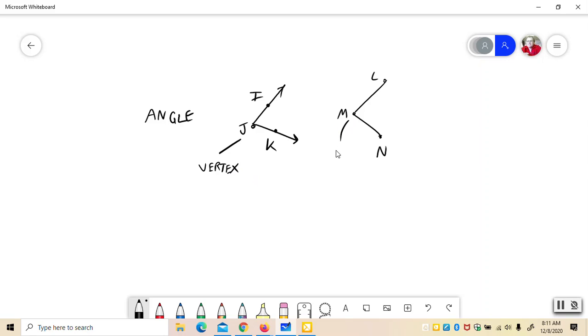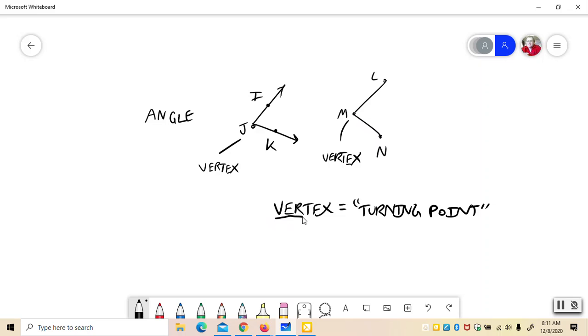Vertex is a fancy Latin word. Literally, vertex means turning point. Because here is this line segment just going along, da da da da da, then it turns and goes this way.